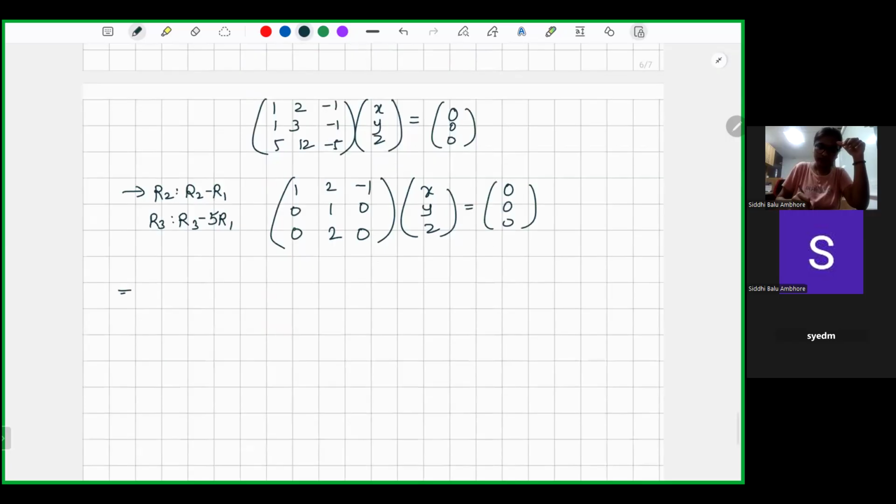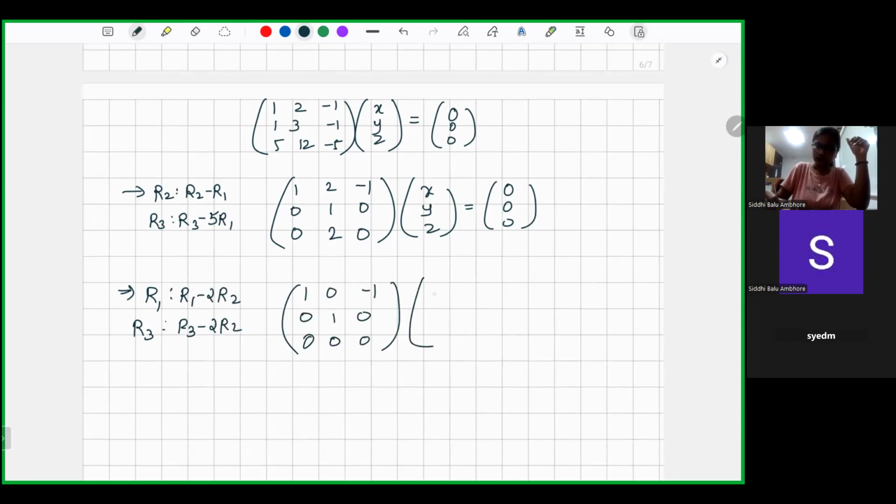And if I do R1 is equal to R1 minus 2 R2, and R3 is equal to R3 minus 2 R2, I will get this, right? Minus 1, 0, 0, and this x, y, z, and 0, 0, 0.